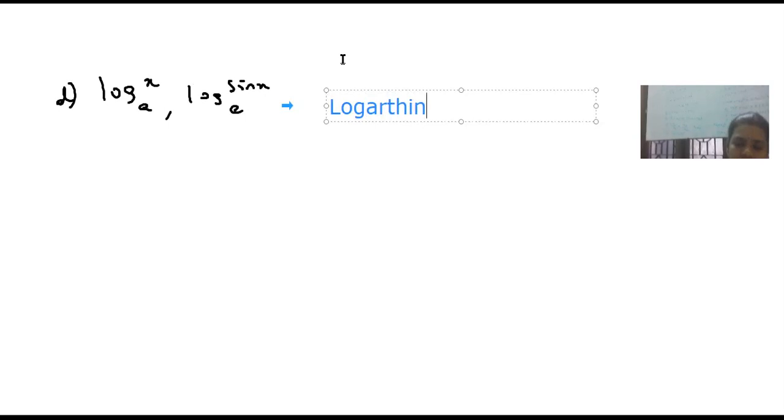Log x to the base a, log sin x to the base e. These are all called logarithmic functions. Okay ma? Understand பண்ணிட்டியா?